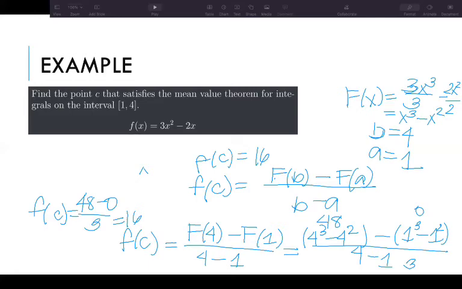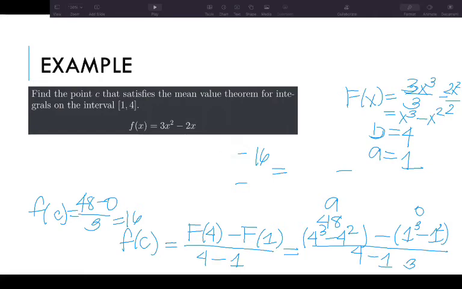Now we have to solve for x, or the value of c. f(c) is equal to 3c squared minus 2c. f(c) equals 16.